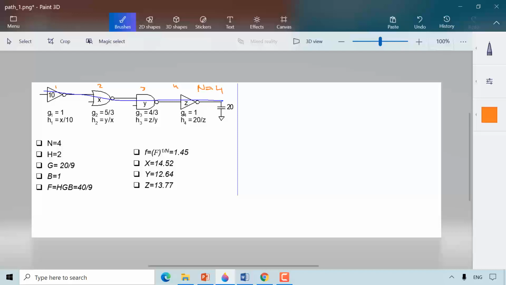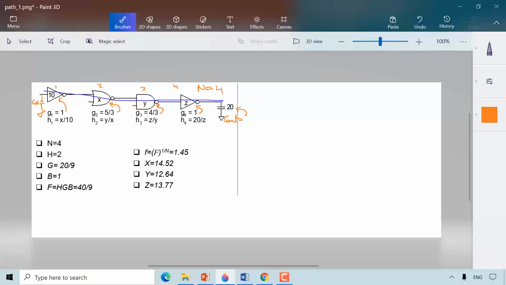The Cn for this path equals 10, and the C out equals 20. The logical effort for the inverter is 1, for the 2 input NOR gate 5/3, for the 2 input NAND gate 4/3, and for the inverter 1.